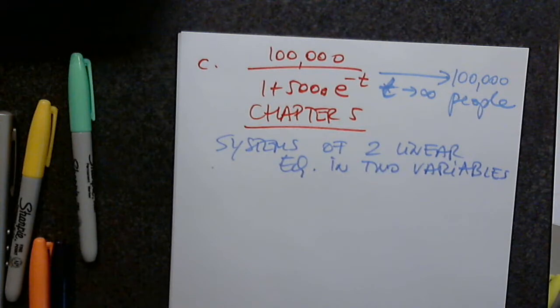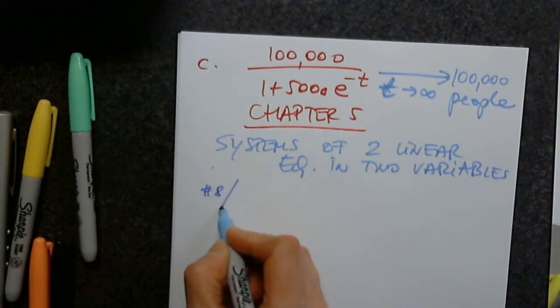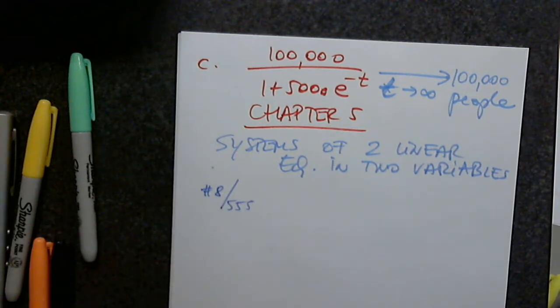Can anyone tell us what is a system of 2 equations in 2 variables? Well, 2 conditions put together. So let's take a look at the following. Problem 8. You will remember this.